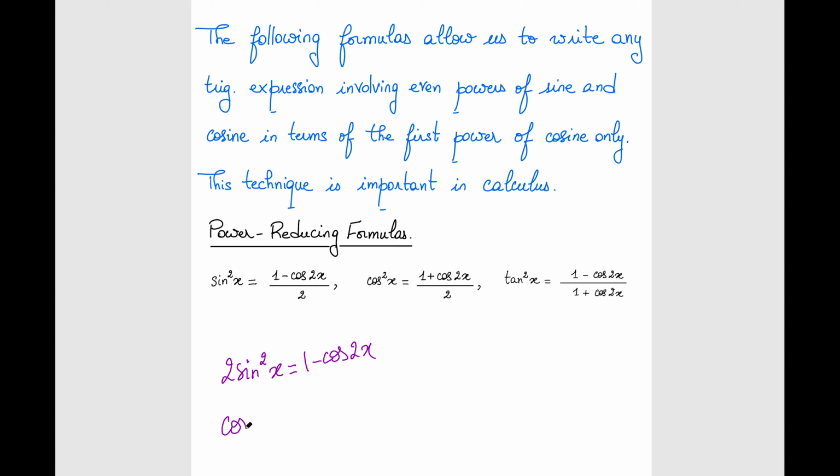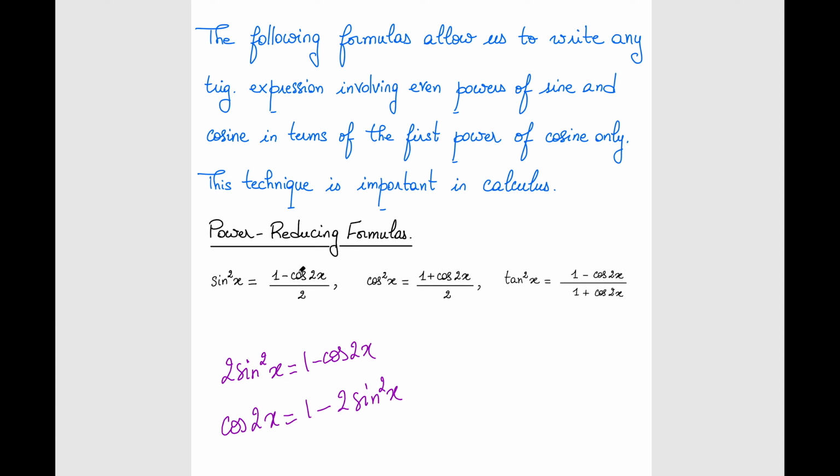And that's the same as cosine of 2x equals 1 minus 2 sine squared of x. Make sense? Just add cosine of 2x and subtract 2 sine squared x, move them around, you get this. And this is a formula we just proved above. This is one of the double angle formulas for cosine, correct?